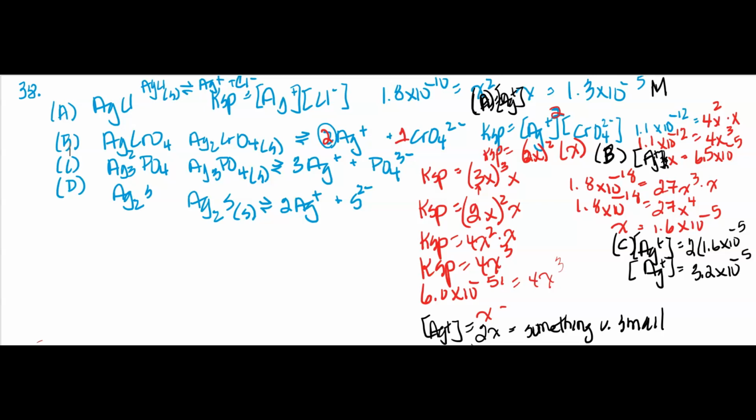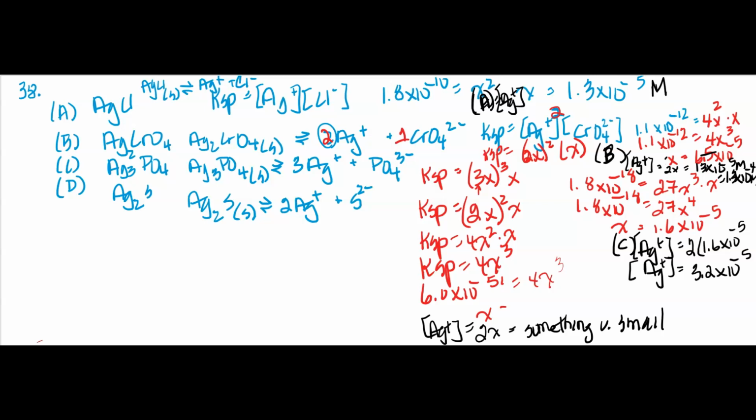Silver ion concentration for B, since there are 2 silver ions, that's 2x, so that's 13 times 10 to the minus 5 molar, which is the same thing as 1.3 times 10, make 13 smaller, make the exponent bigger. So there's our silver ion concentration, 1.3 times 10 to the minus 4.